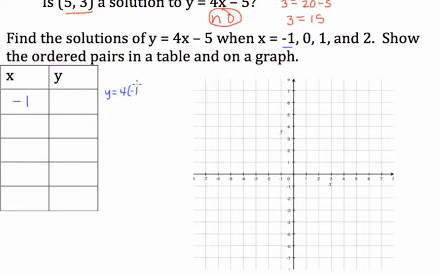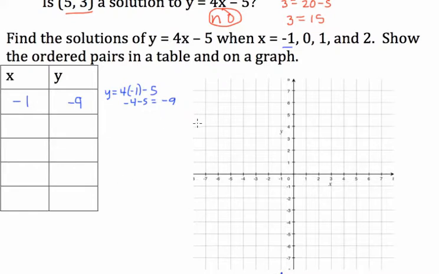I'm just subbing the -1 into my equation instead of x. 4 times -1 is -4. Minus 5 is -9. So the point -1, -9, it'll be down here off my graph, is a point on my line.